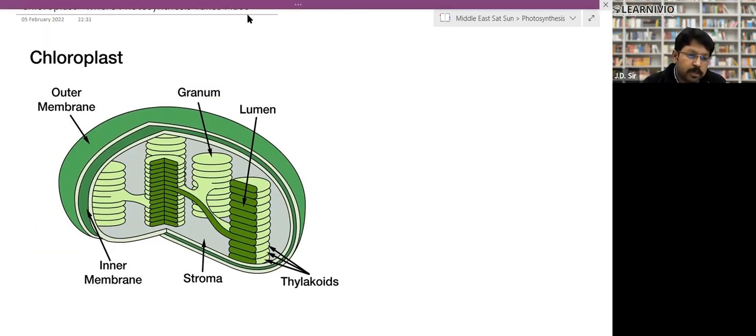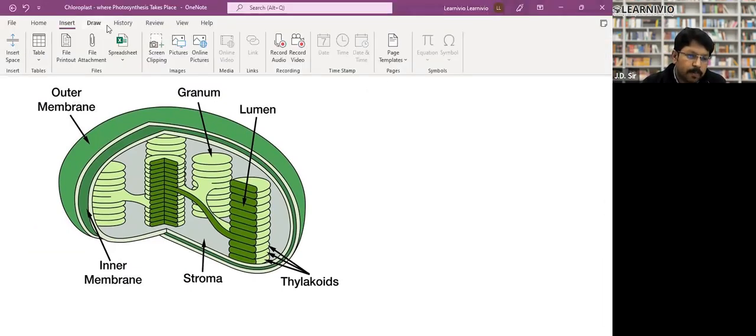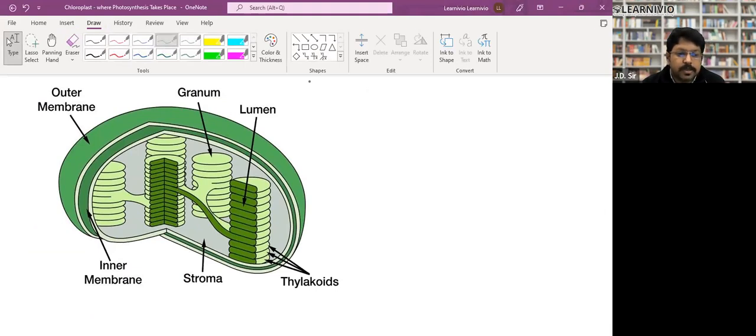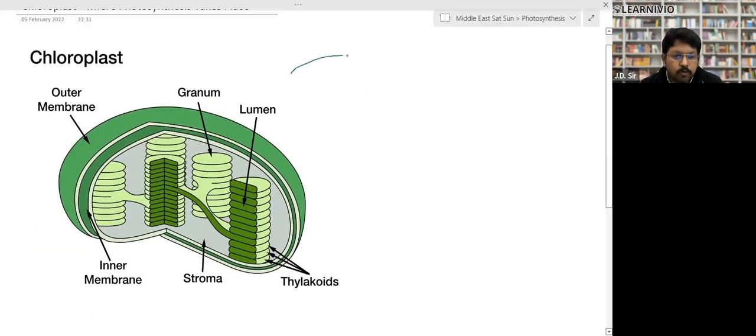As we have already discussed in the class of cell biology, this is the leaf, the green leaf, where photosynthesis takes place. In the green leaf there is a special kind of cell, of this type, right?